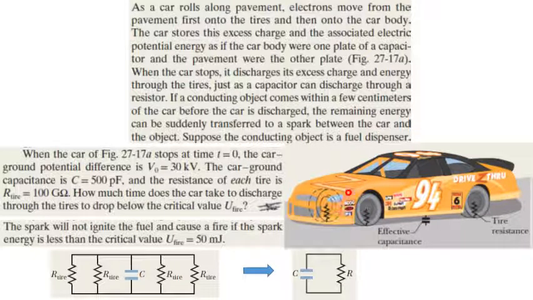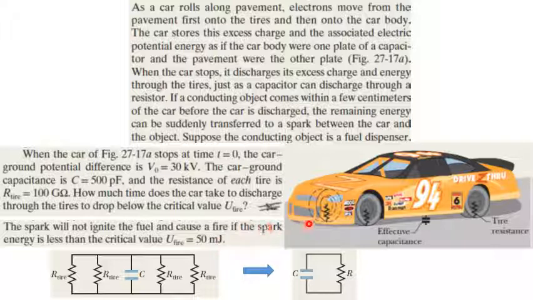Actually, if I have a charged capacitor, I have internal energy stored in the capacitor. So I want this internal energy to be reduced below the value of U fire, where the spark will not ignite the fuel and cause fire if the peak energy of the spark is less than the critical value, 50 millijoule.